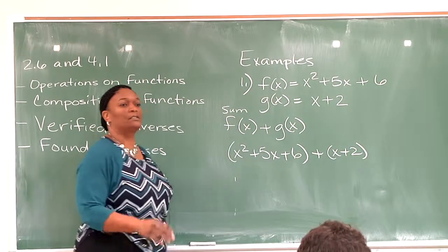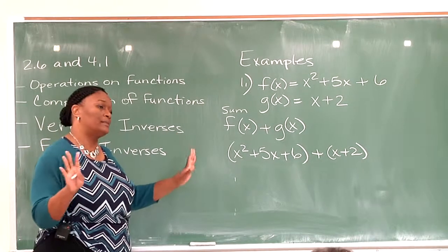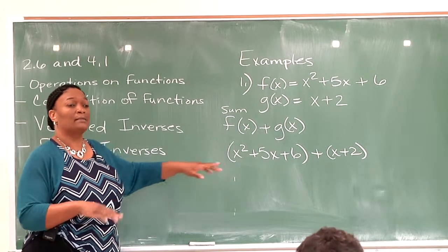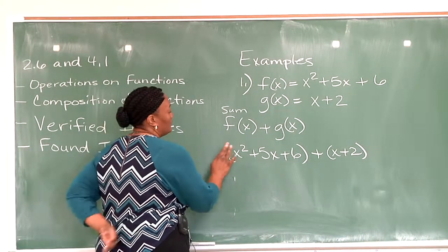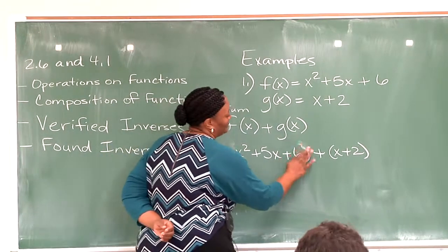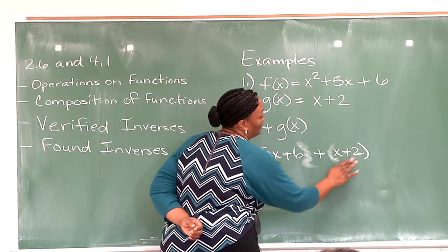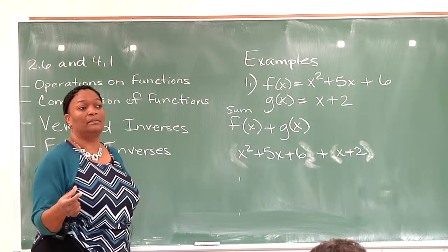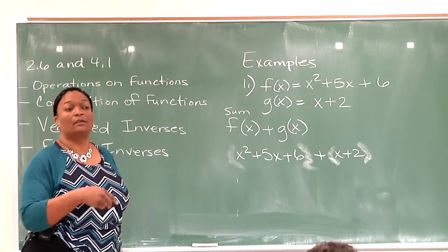Okay? So I'm going to group them in their own separate parentheses so I can show you that I'm adding those two functions. Next, I'm just going to drop my parentheses like this and combine my like terms, because that's all you do when you're finding the sum. You're just combining like terms, then you're finished.